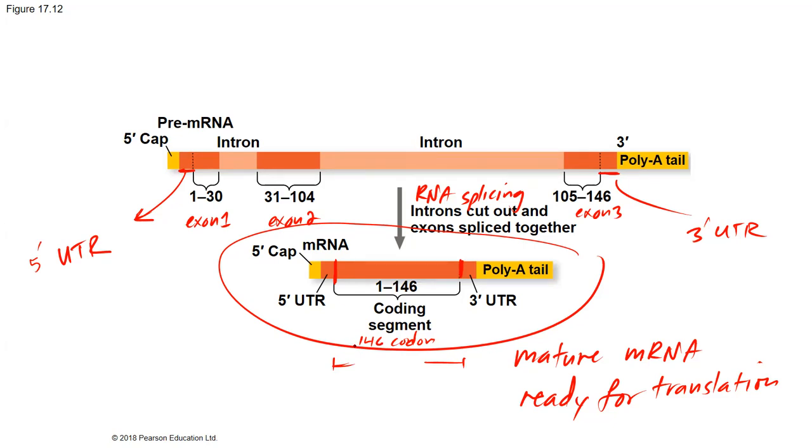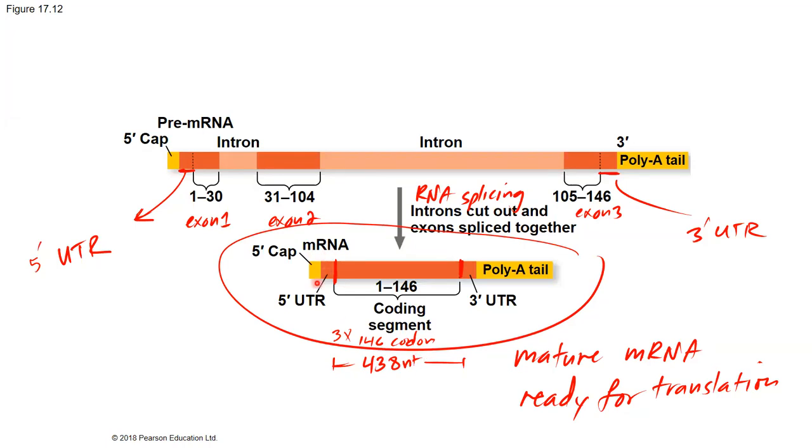Every codon is made of 3 nucleotides, so you multiply 3 by 146. We have 146 codons, and if you multiply 3 by 146, how many nucleotides? 438 nucleotides.